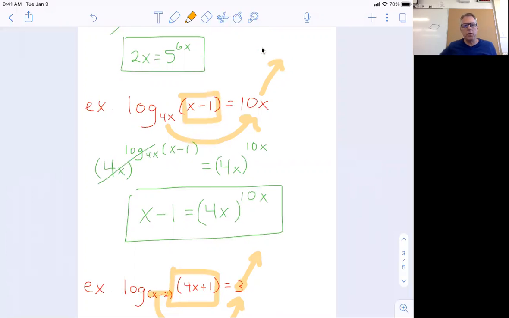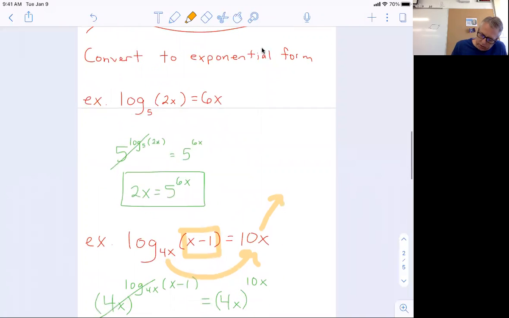So x minus 1 equals 4x to the 10x power. Or in the previous one, that stays, that moves over, that moves up. Or 2x equals 5 to the 6x power.